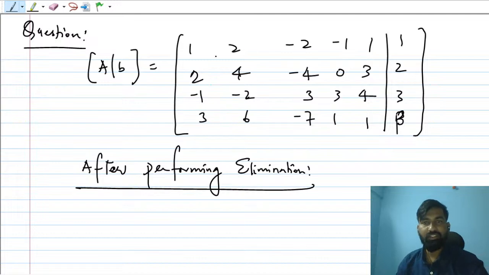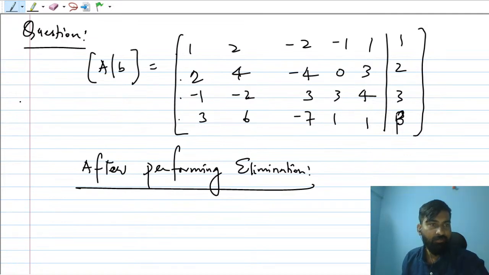First of all, you can see here how many rows are there: 1, 2, 3, 4, and how many variables are there? There are many variables. So the number of rows is less than the number of variables. You will not get a unique solution in this case. You can either get no solution, or you can get infinitely many solutions. So these two cases you have to keep in mind.